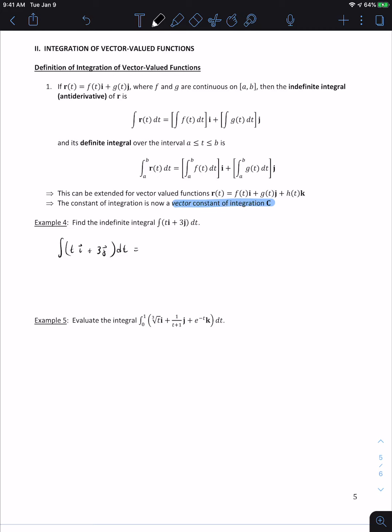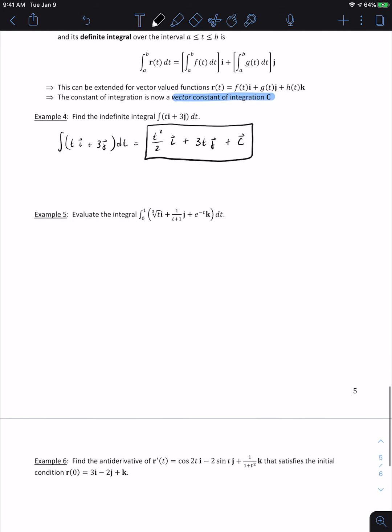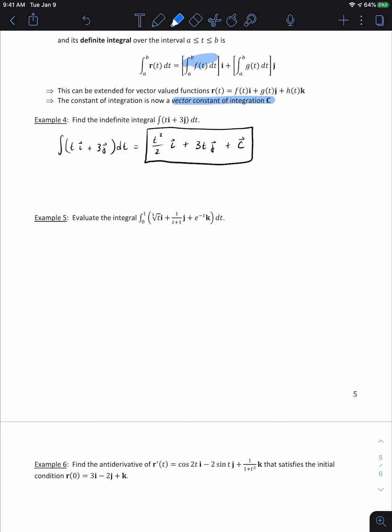If I take the antiderivative of the first one, I get t squared over 2 i, plus now the antiderivative of 3 is 3t j, and instead of plus c, we do plus c with a little vector symbol over top of it to show that it's a vector. So for that one, we really don't have to write out this whole formula. We can just do it component by component in our head. In the next one, though, since it's going to be a definite integral, I think it will be helpful to actually write out each one individually, just like that.